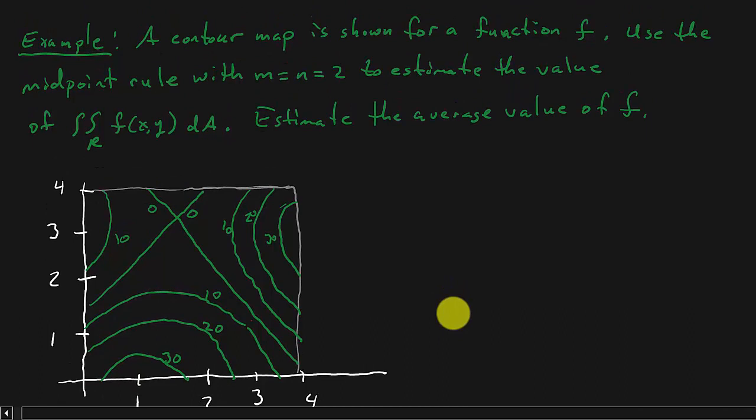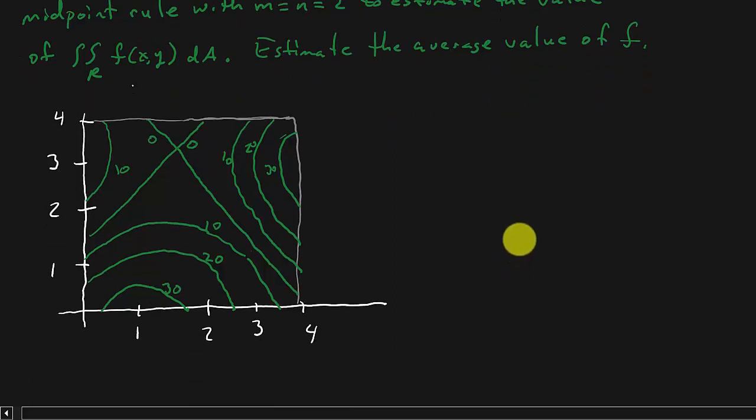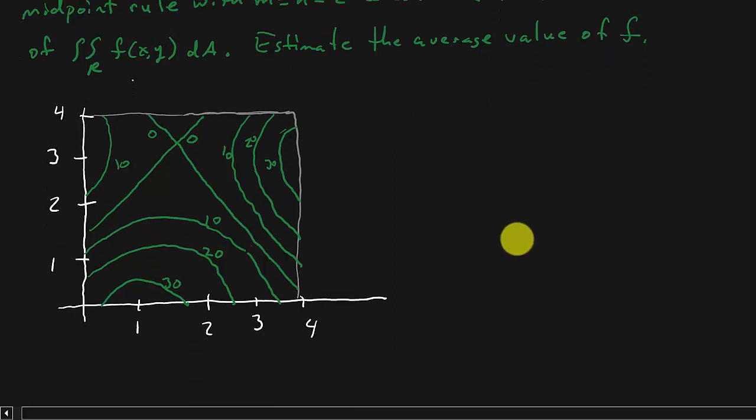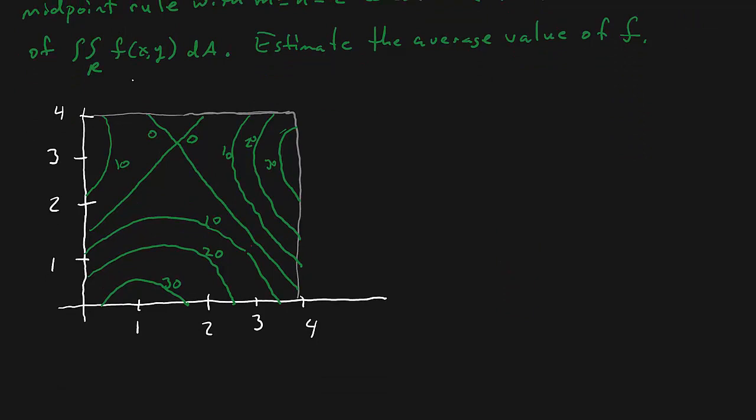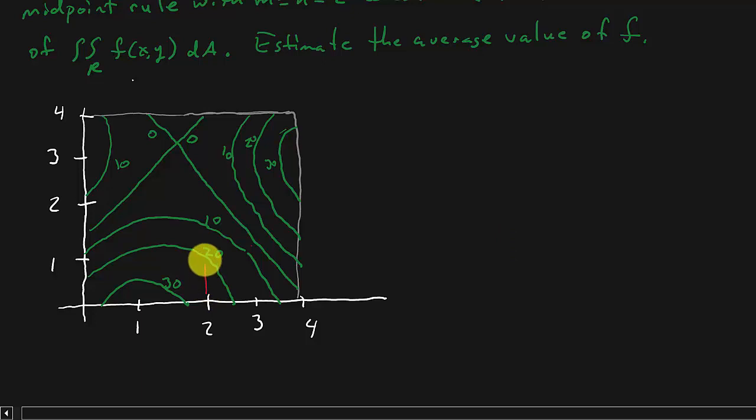Okay. All right. So it says a contour map is shown for a function f. Use the midpoint rule with m equals n, which equals 2. So m and n are 2, to estimate the value of this double integral. Estimate the average value of f. All right. So let's look at this. I need to break this up.